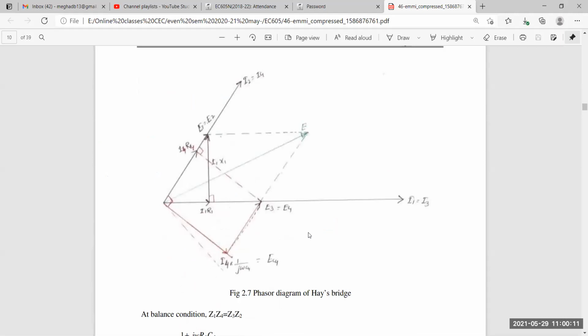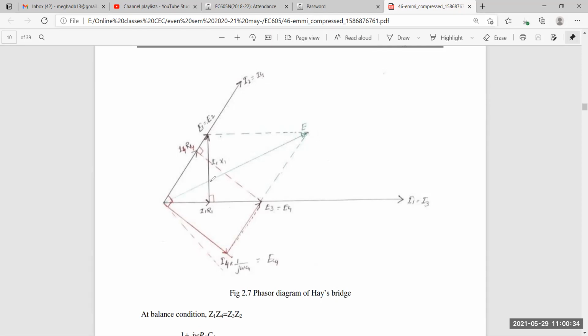Okay, so this is my phasor diagram. See it very carefully. This is important. The phasor diagram of Hay's bridge is shown here in this figure. The magnitude and phase of E3 and E4 I told you are equal, right? From the previous diagram, the potential difference E3 and E4 are equal, E1 and E2 are equal.